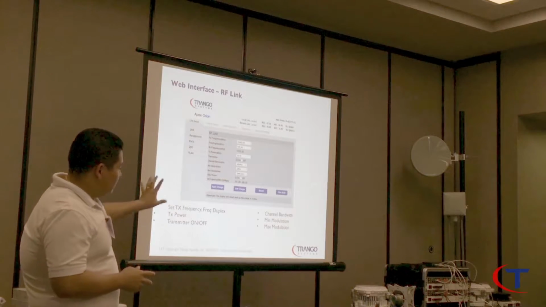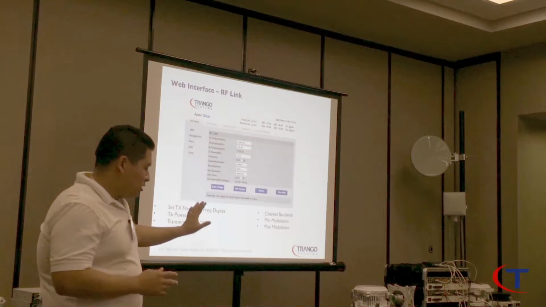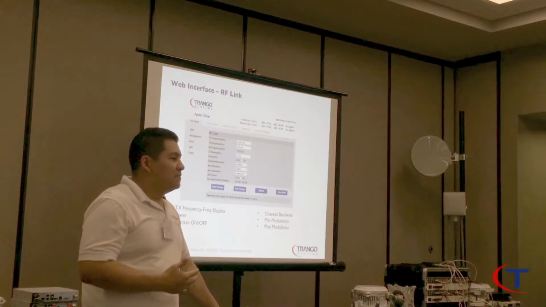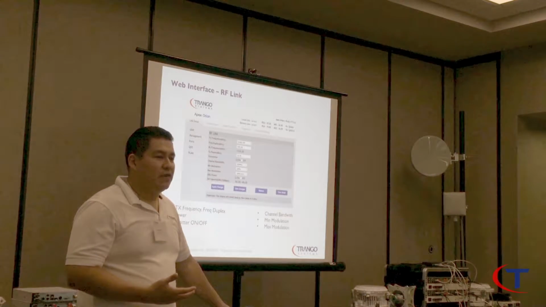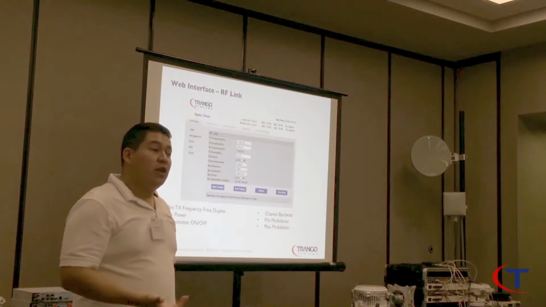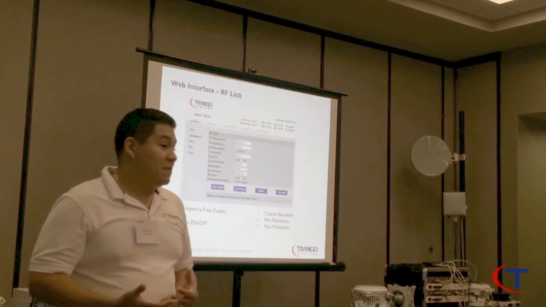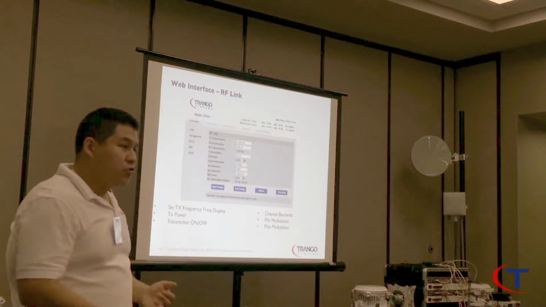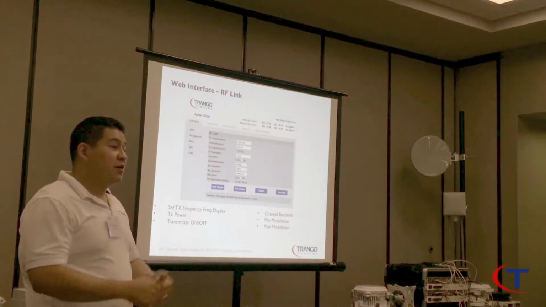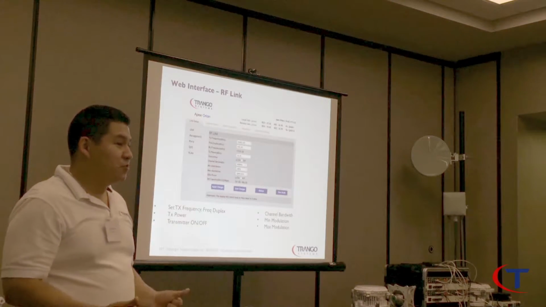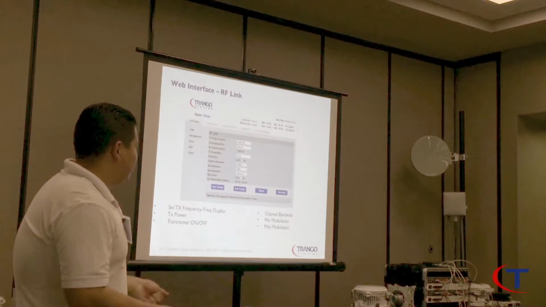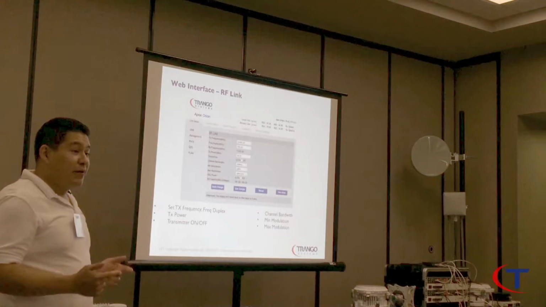Now, in this slide, this is what most of the time are the issues that happen in the field, right? Or you configure a radio and you forgot to save and apply. So the first thing when troubleshooting this link, we check our frequencies. Okay, that's the first thing we do, check frequencies. After that, we check the channel bandwidth.